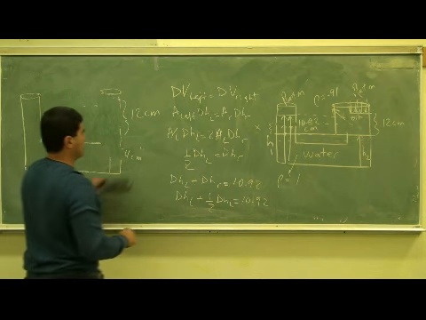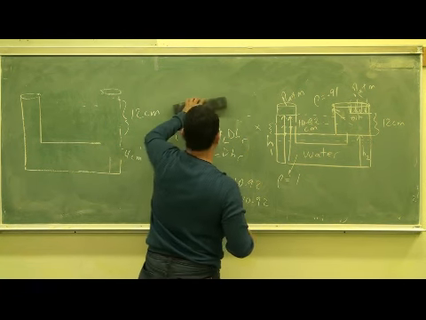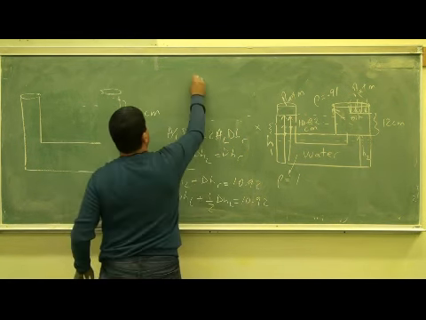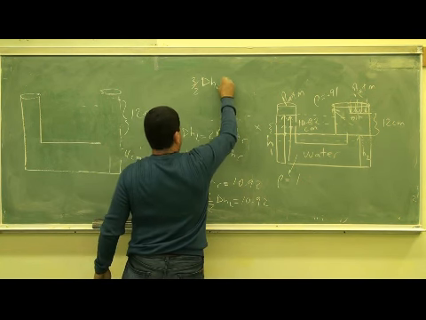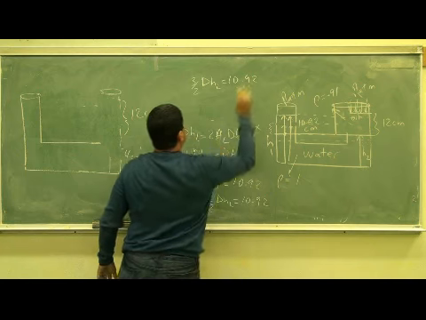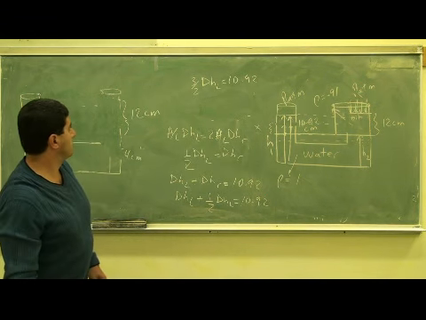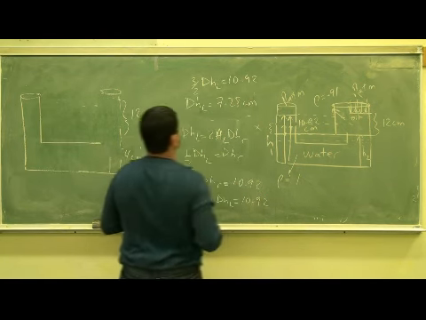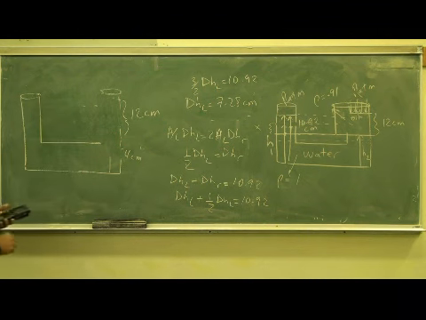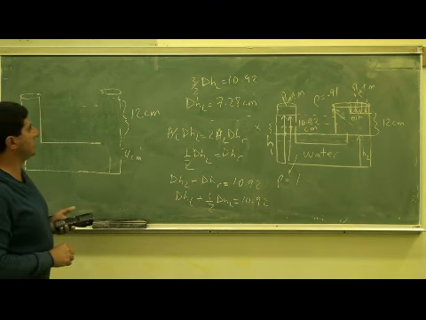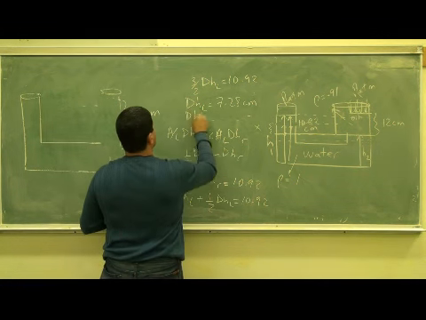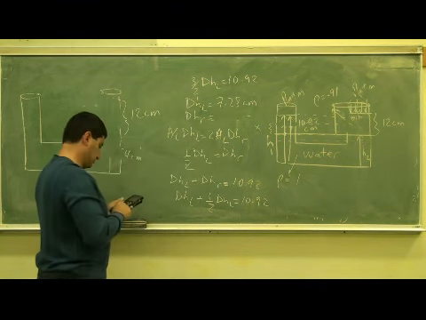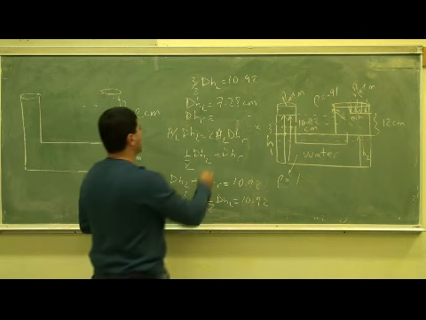And then you have 3/2 delta H left is equal to 10.92. And then delta H right will become half of that, 3.64.